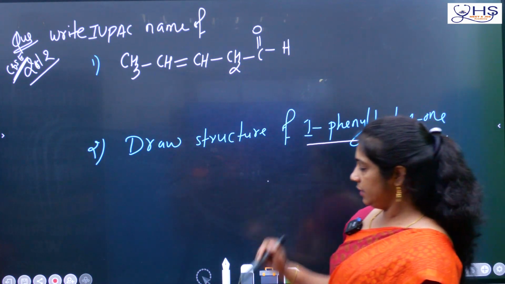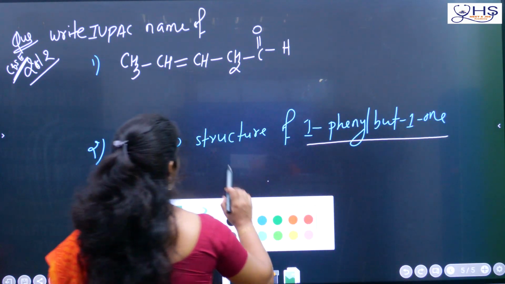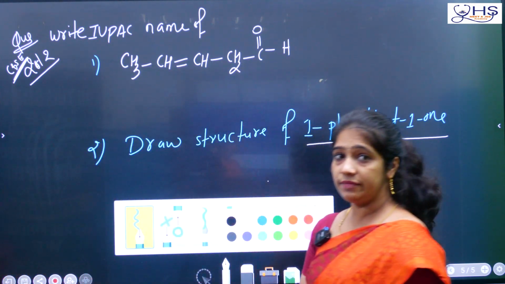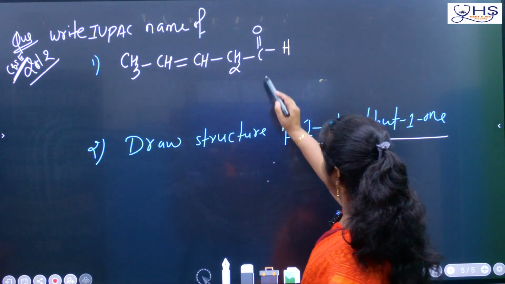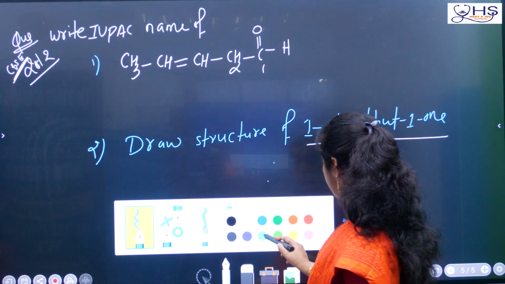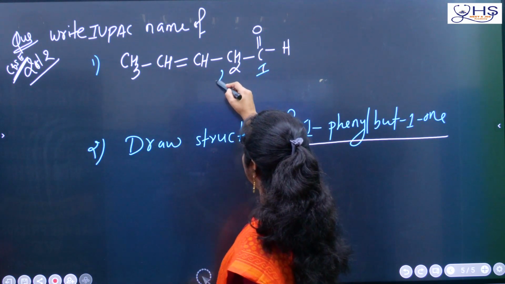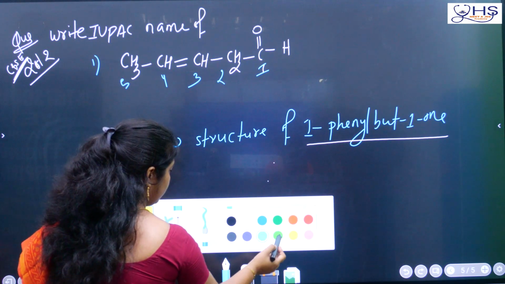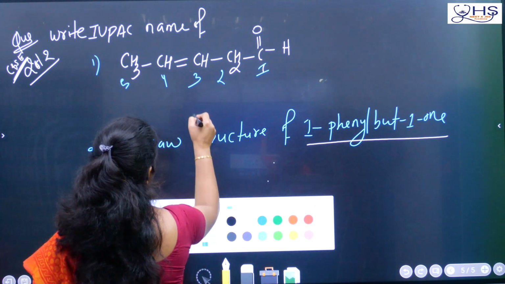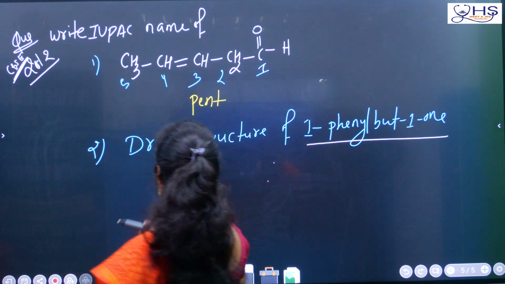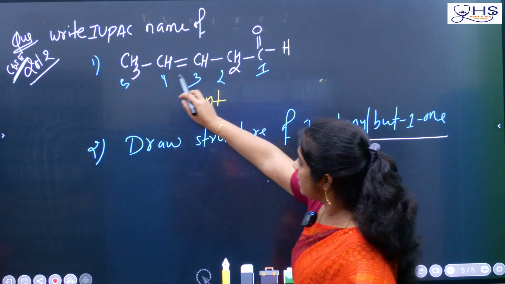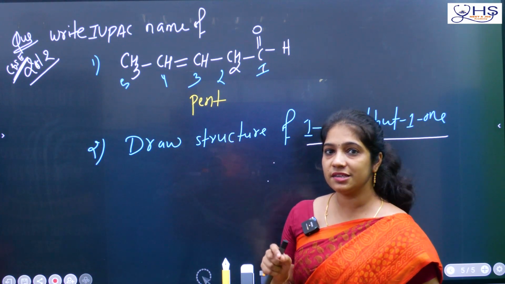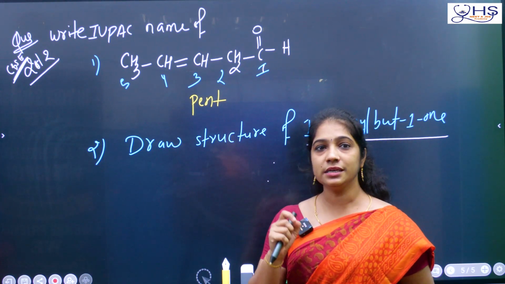So first we'll do the naming. Naming is very easy actually. Here, this will be my main chain directly, no confusion. When I select the main chain, numbering starts from here, nearby my functional group: 1, 2, 3, 4, 5. Five carbons, so the root word is pent. What kind of carbon-carbon bond? Here you have a double bond, so the primary suffix is en, mentioning its position.